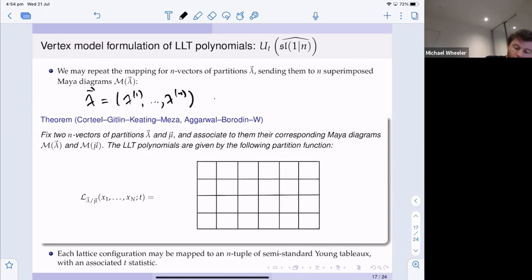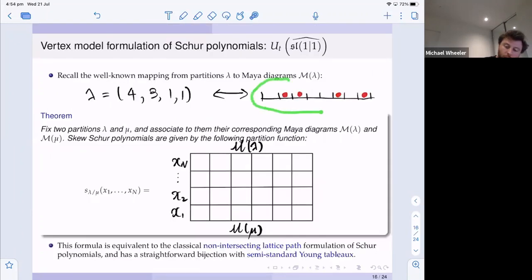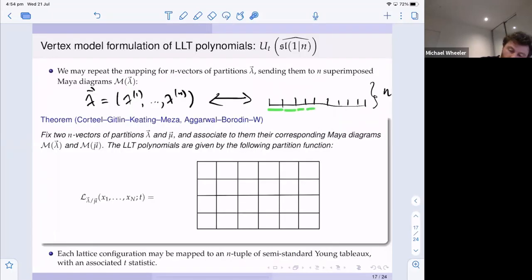To that, I associate a collection of Maya diagrams, so let's say I'll have n of these. All I do is superimpose them. I take one Maya diagram here, but then I'll have a Maya diagram for each of those lambdas, and I superimpose them all together. If you do that, then each of the sites here will be a binary string of length little n. This is basically how the mapping works.